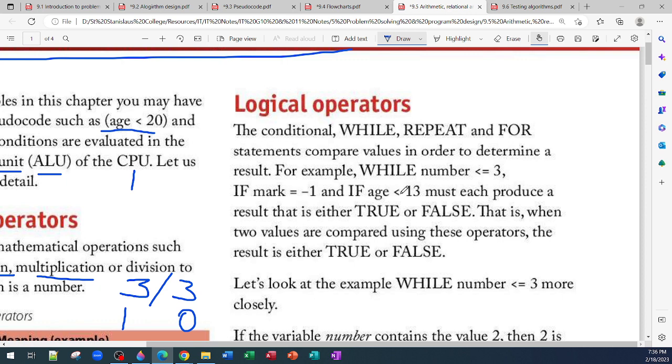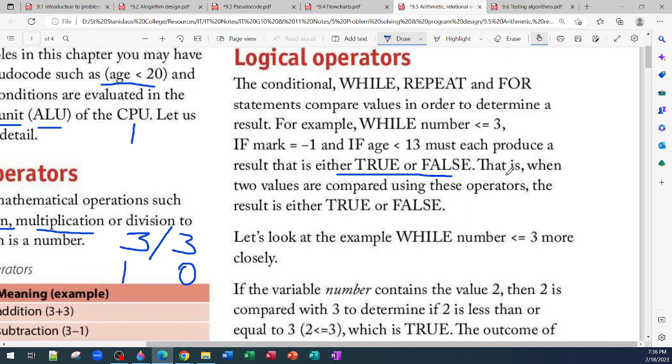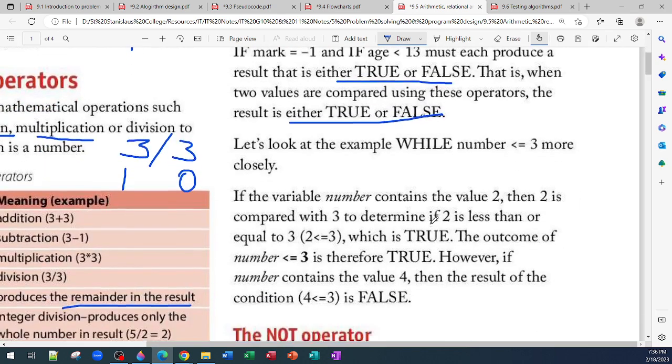So they're all comparing one value with the other to see if it is true or false. So when the two values are compared using these operators, the result is either true or false.